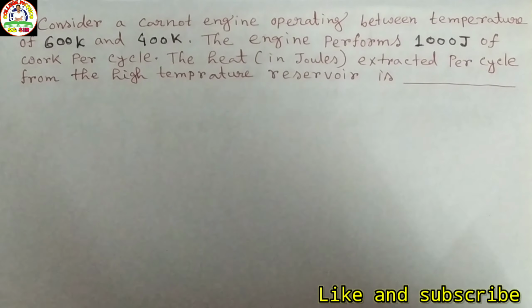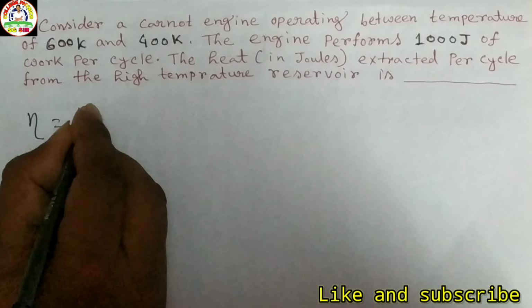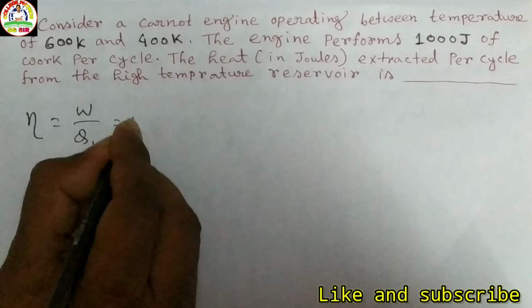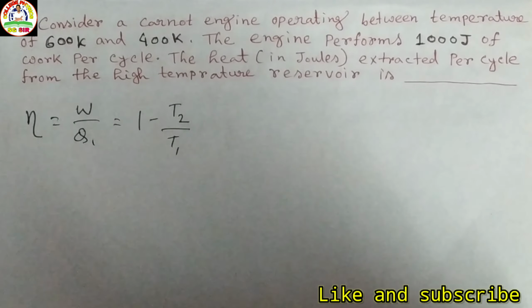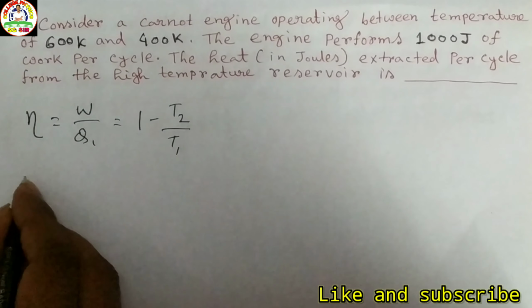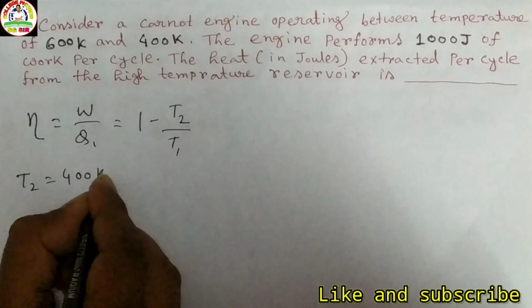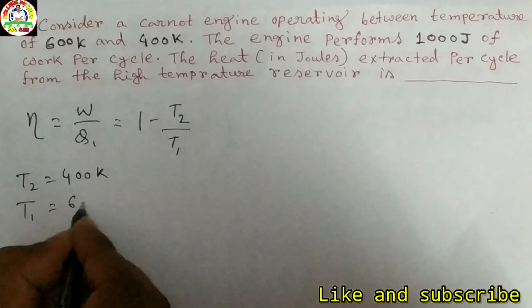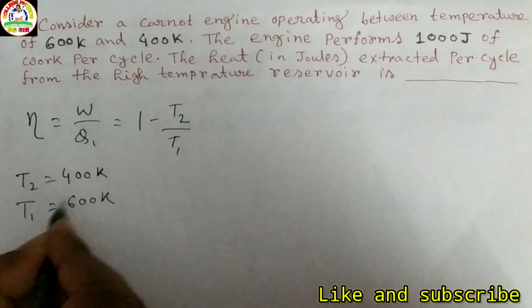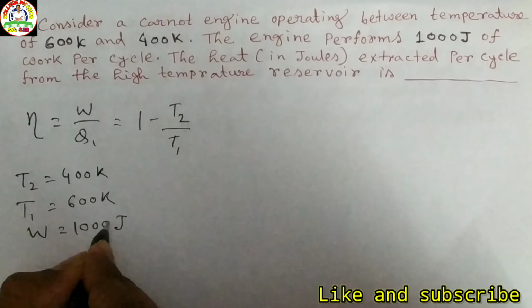So we know the relation: efficiency eta is equal to W by Q1, which is equal to 1 minus T2 by T1. Here, given T2 is equal to 400 Kelvin and T1 is equal to 600 Kelvin, and also work done W is given as 1000 joule.